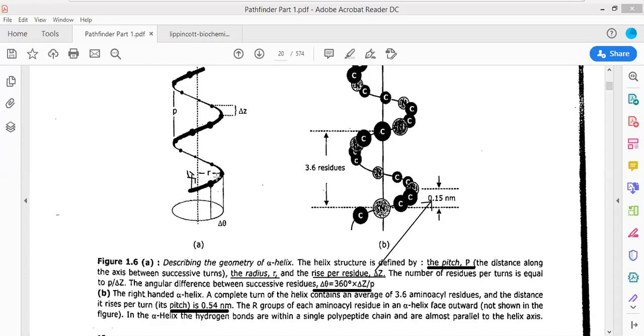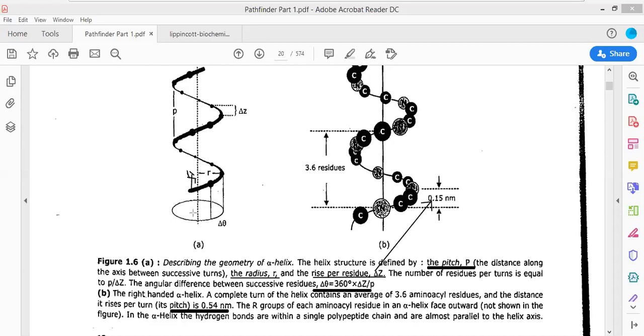How much of this ladder is going to rotate with each atom in the amino acid chain? How many degrees is the ladder turning with each amino acid atom? That we have to visualize. With each atom of the amino acid we have to see how much rotation has been made.